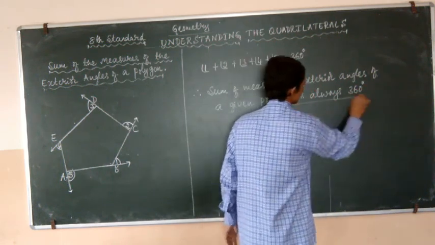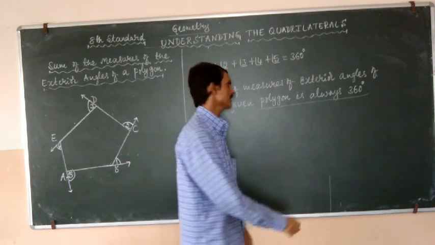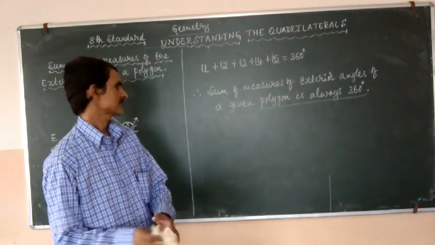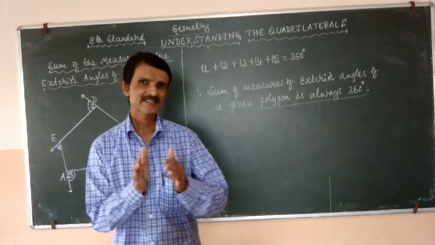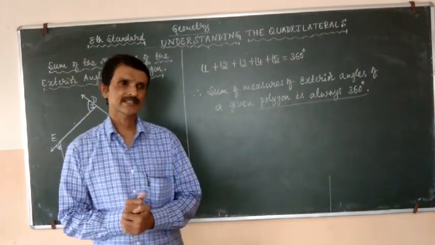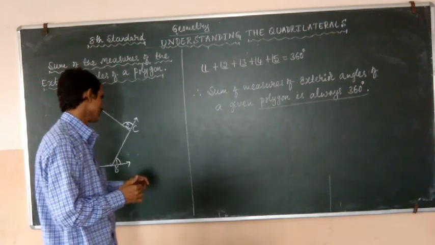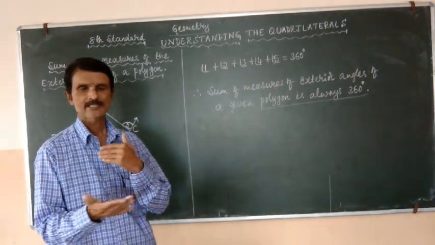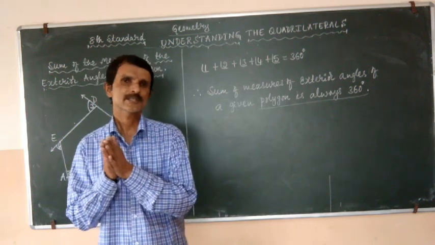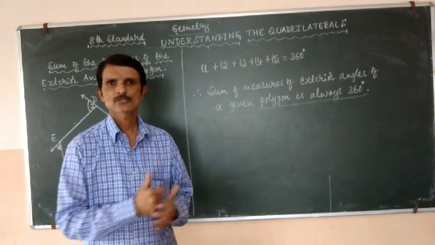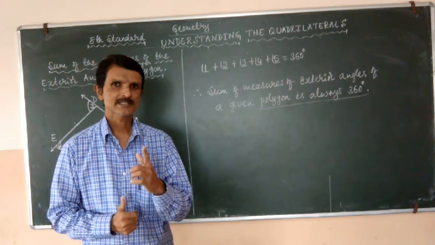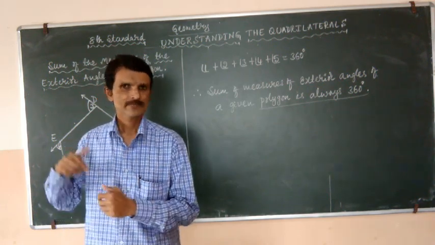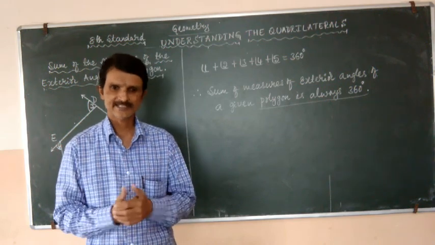So this you have to remember. The sum of the exterior angles of the given polygon is always 360 degree. But in case of the interior angles, it will differ. It will be calculated by using the formula n minus 2 into 180 degree, which we have already studied.